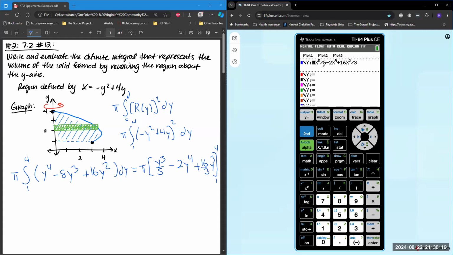All right, x to the fifth divided by 5 minus 2x to the fourth plus 16x to the third divided by 3.